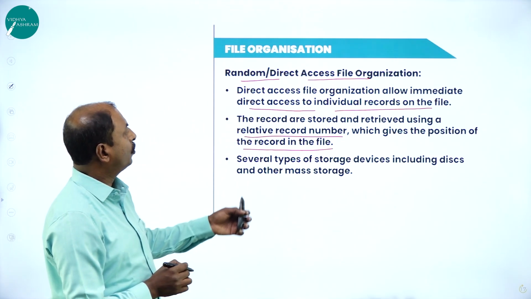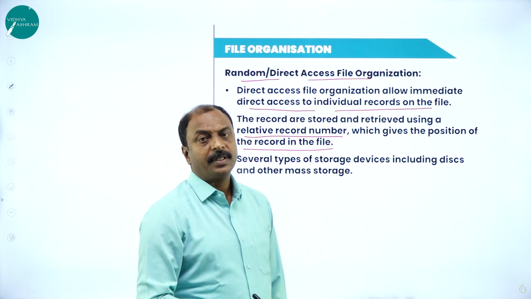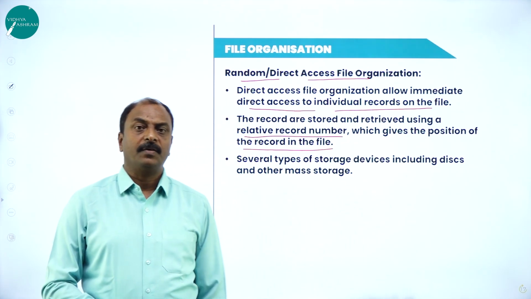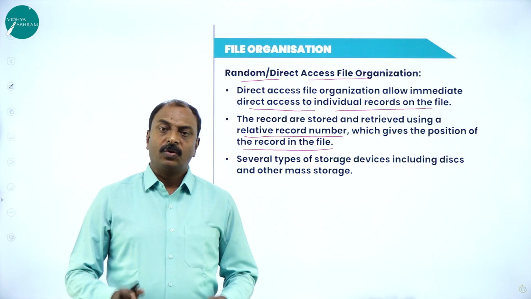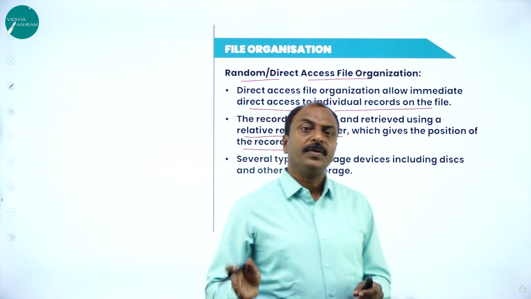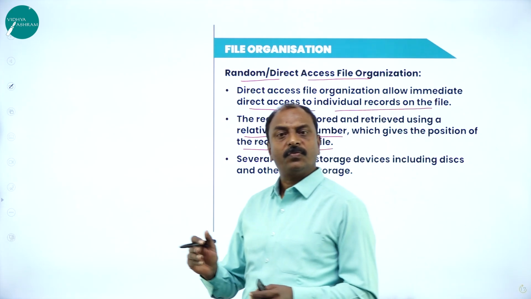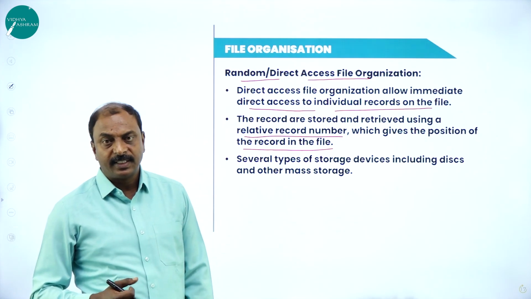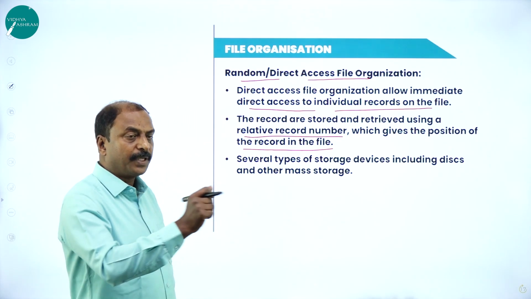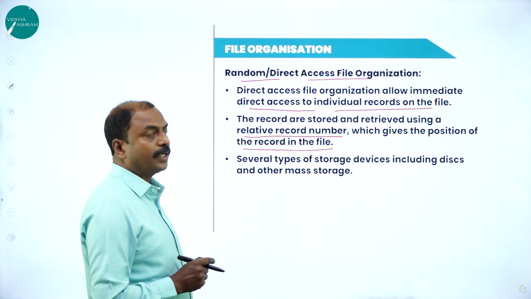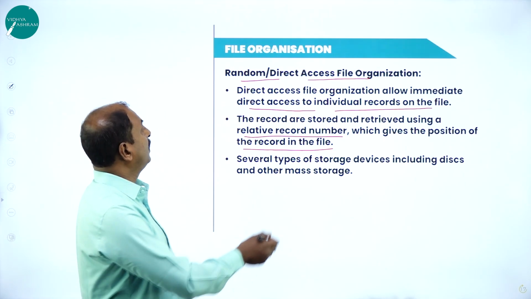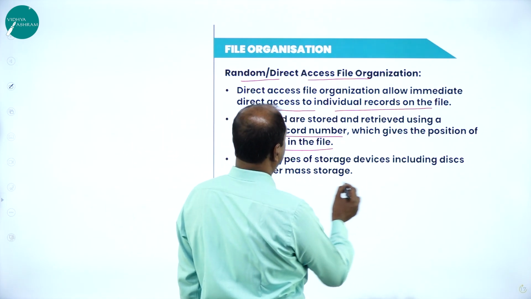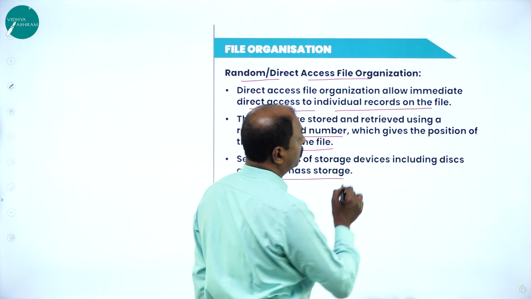For example, in any college or school, we store student data in particular files, and we arrange the files in order with file numbers 1, 2, 3, 4. Whichever record we want to access, we can directly go and pick up the particular file number for our different operations. That is a good example for this. It is used on several types of storage devices, including disk and other mass storage devices.